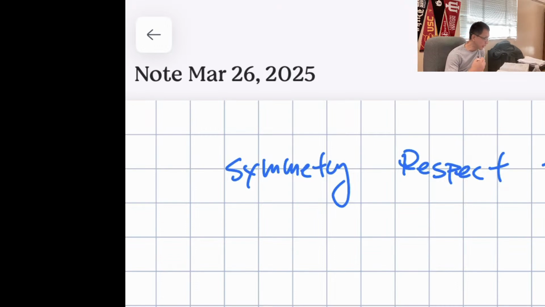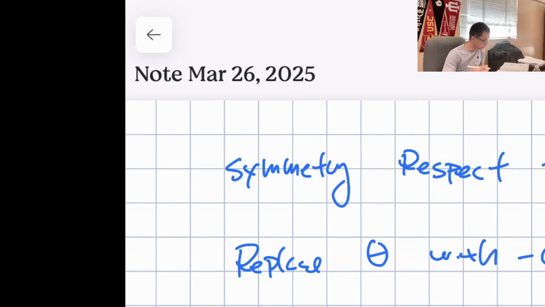Basically, how do I know they are symmetric to the polar axis? You replace theta with negative theta, and if you get the same equation as before, then they are symmetric to the x-axis.